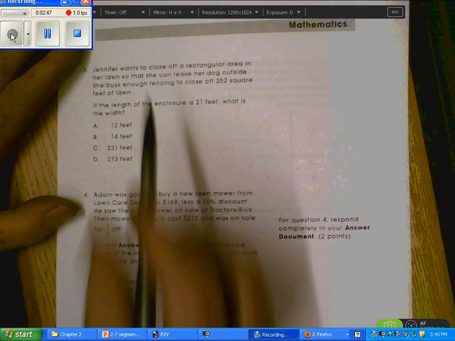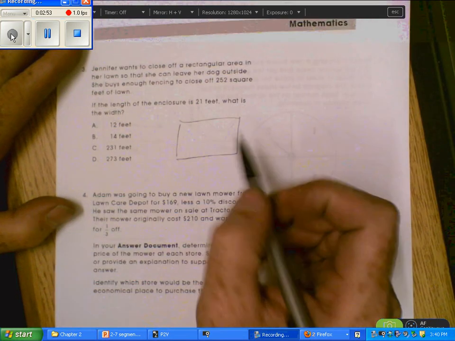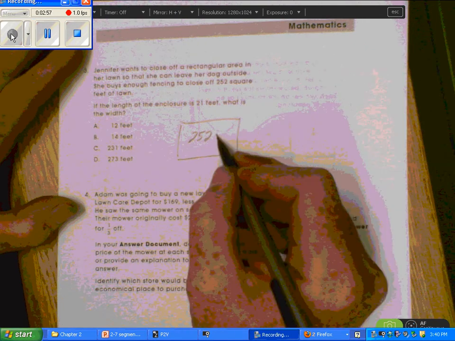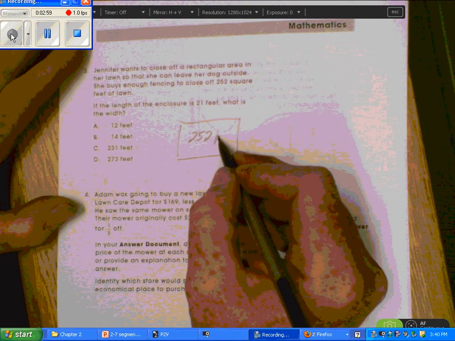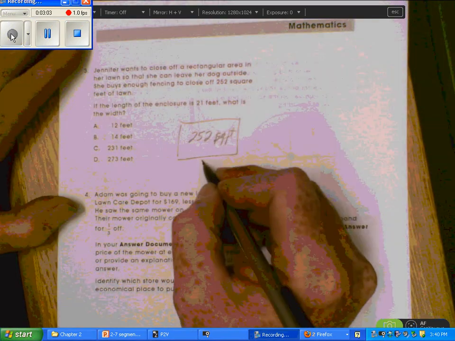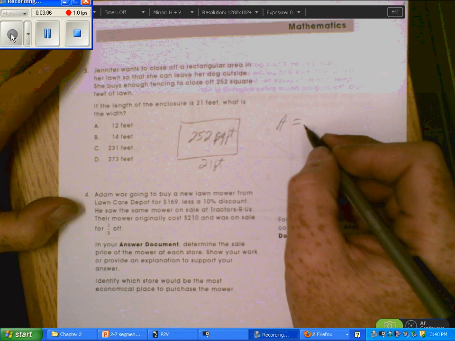Jennifer wants to close off a rectangular area of her lawn so she can leave her dog outside. She buys enough fence to enclose 252 square feet. The length of her enclosure is 21 feet. Well, the formula for area of a rectangle is length times width.